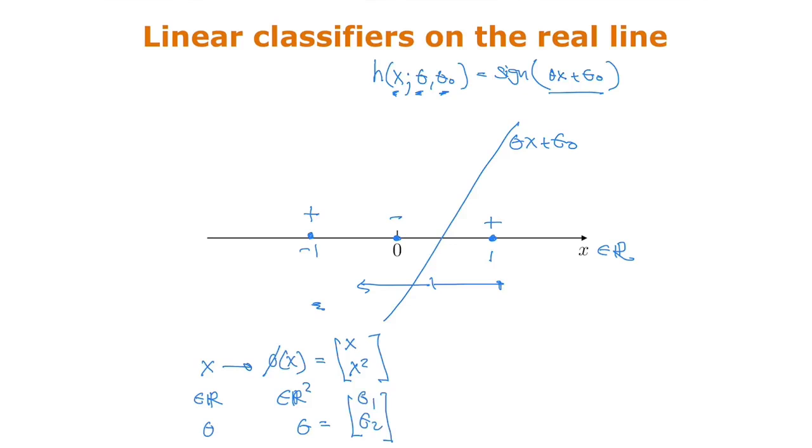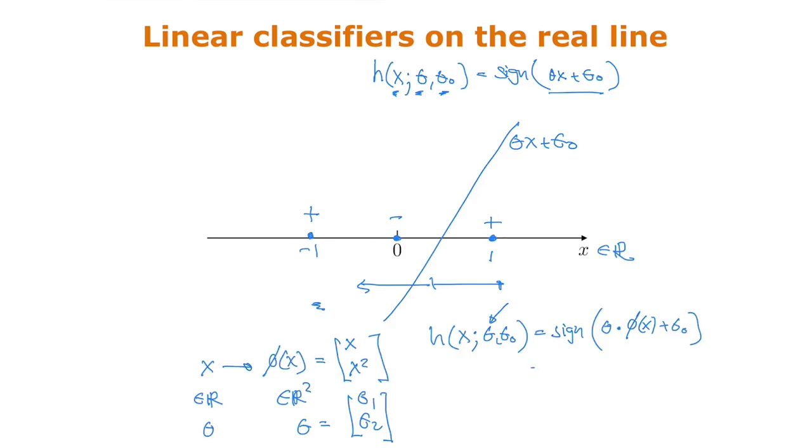After this feature transformation, we will feed those transformed examples to the linear classifier as if they were the examples to begin with. So as a result, our new classifier takes scalar x as an input here, theta and theta naught. Now theta is a two-dimensional vector, and it is sign of theta dot product with the feature vector corresponding to x plus theta naught.